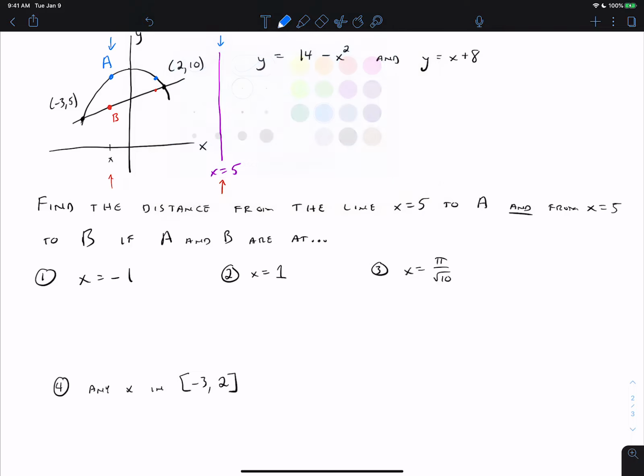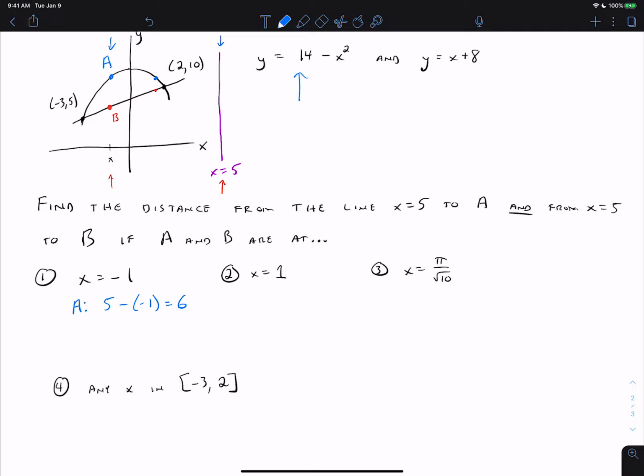Okay, so on problem 1, that is a horizontal distance. You take the right x for point A, which would be 5, minus the left x, which would actually be -1. And so you get 6. You do not plug the -1 into this equation because this equation is giving you the y value when you plug in x.